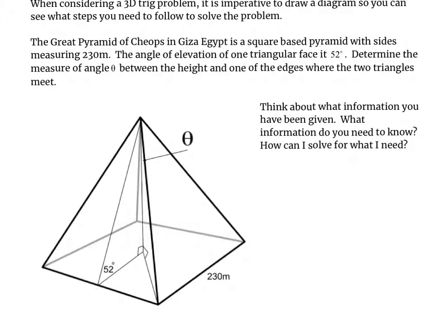So carrying on, it says the angle of elevation of one triangular face is 52 degrees, and that's what we've got right here. And then it says determine the measure of angle theta, which is between the height of one of the edges where the two triangles meet. Okay, so it's really hard to draw 3D. So I tried really hard to demonstrate to you where theta is.